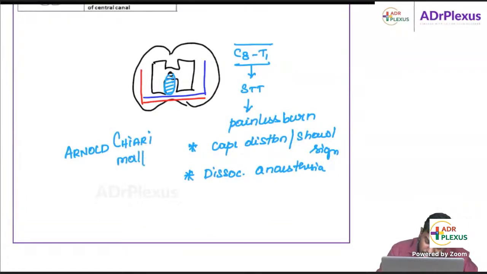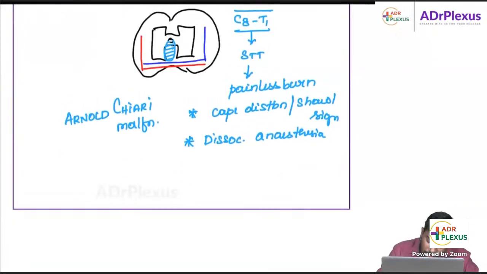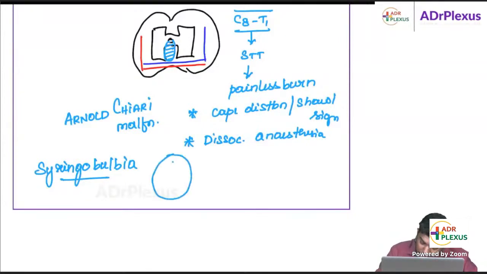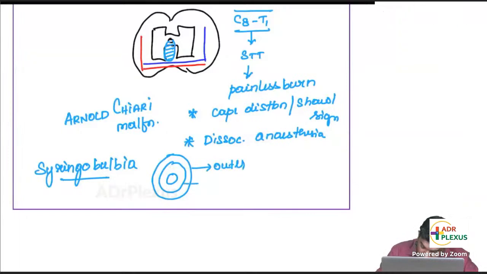And if this turns out to be syringobulbia, what involvement will be there? Very good. It is going to be an onion peel pattern, where initially the outermost part of the face, then the middle part of the face, and then the inner part of the face is getting involved.